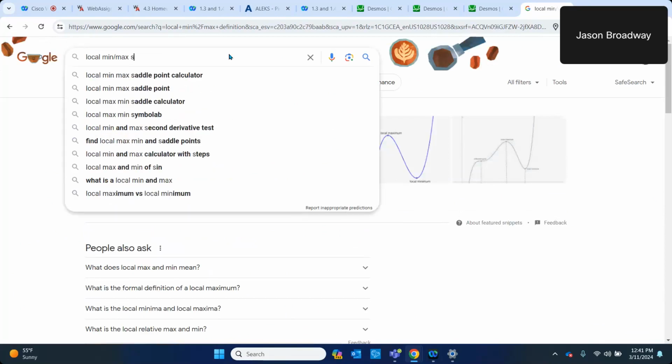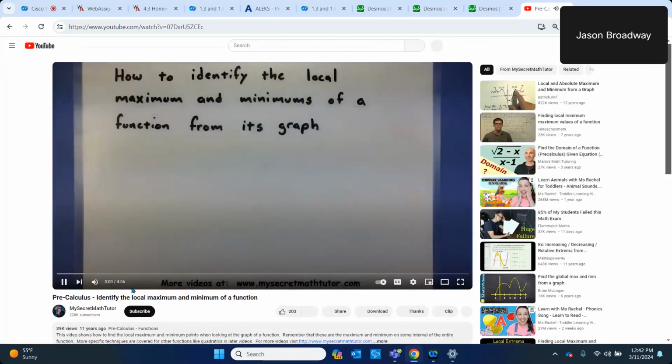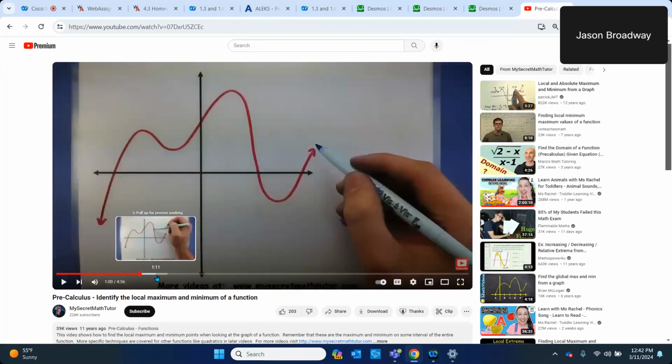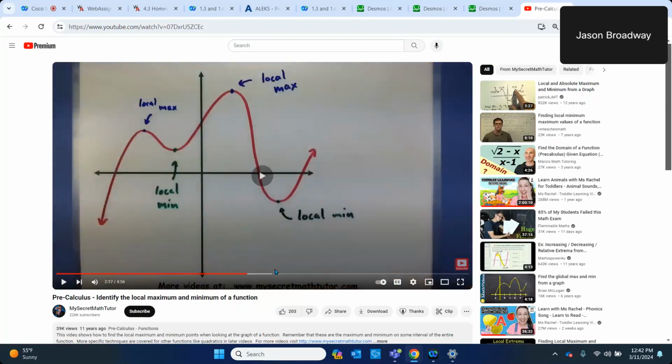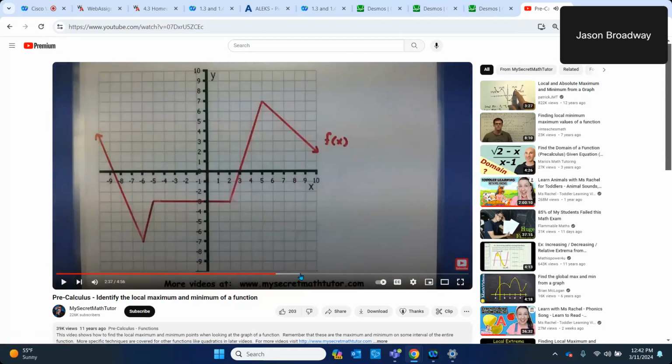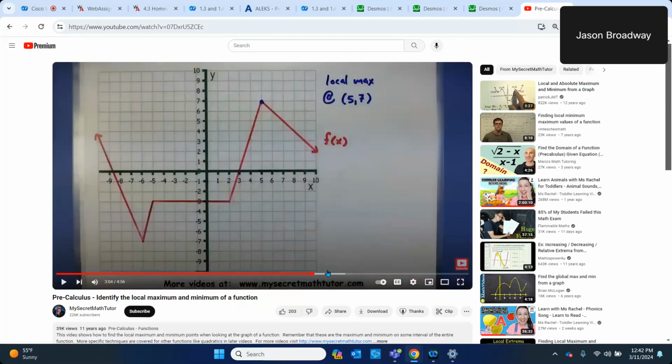Local min max at a sharp point. I don't want to watch this whole video, guys, obviously. So he's drawing that. No, that's smooth as a baby's bottom. I didn't want that. I wanted one that had a sharp point. Here we go. Right here at 5, 7, there's a sharp point. So sure, the derivative would not exist there, but f exists there, right? So we're fine.